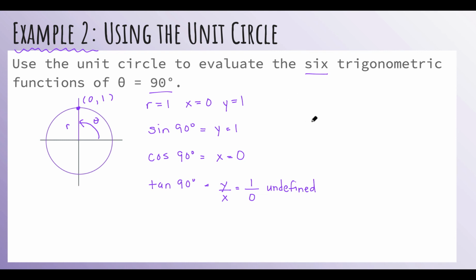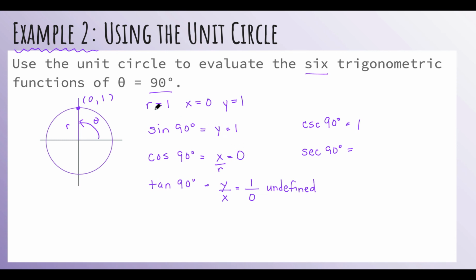All right, moving on. Let's look at the cosecant of 90 degrees, which is 1 over the sine of 90 degrees. So it's just going to be 1 over 1, so it's just 1. The secant of 90 degrees is going to be 1 over 0, because remember this cosine is x over r.